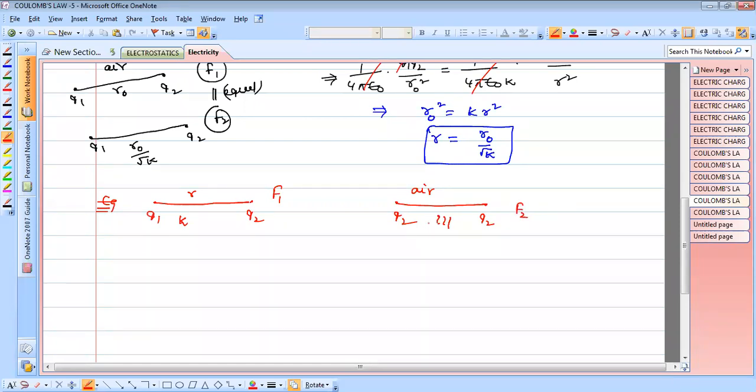For this, let us take the distance as x or something. What is the distance here? Distance x is something. What is the key concept here? In both cases, the charges experience equal force on each other. That means in air, how much distance should you place?